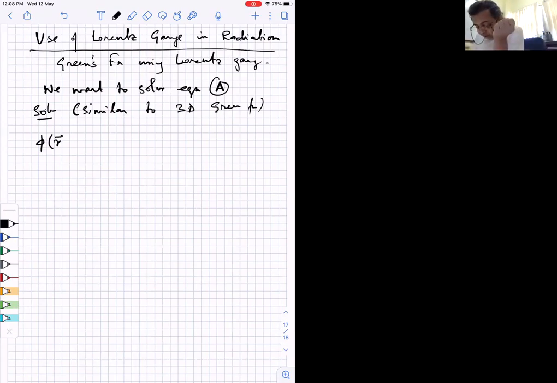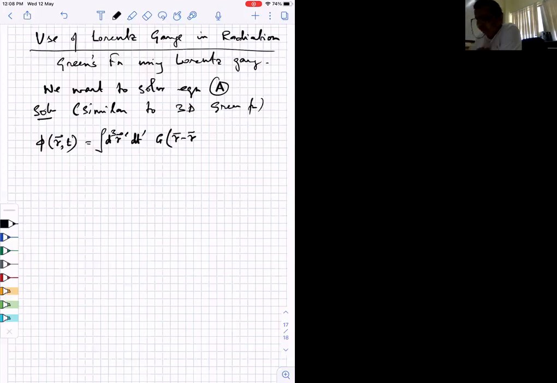So now we have phi of r and t, which in the 3D case we integrated over the volume, d cubed r prime, because r prime is the source and I want to find what is at r. But now I have another variable, dt prime. Then I have a Green's function, which previously was just r minus r prime, and now also has t minus t prime.